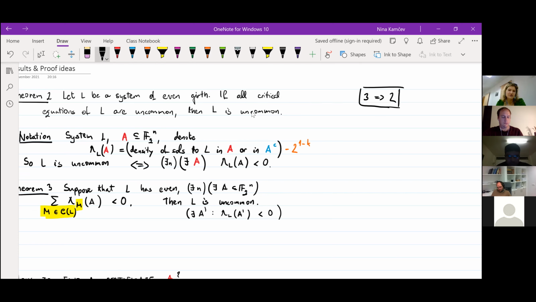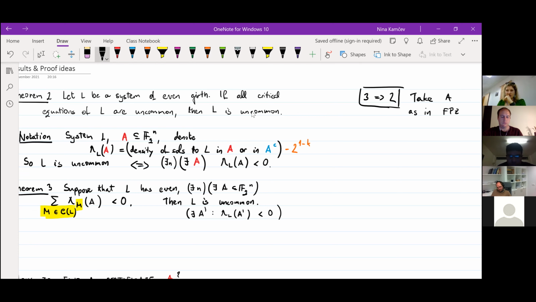And this common certificate will be exactly stolen from the Fox, Pham, Zhao construction. So we'll take A from this randomized construction of Fox, Pham, and Zhao. And then you can't actually black box it. You need to go through the analysis again and add a line or two, but it's really not complicated.